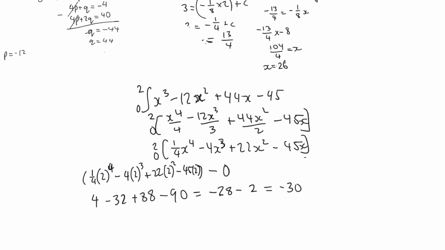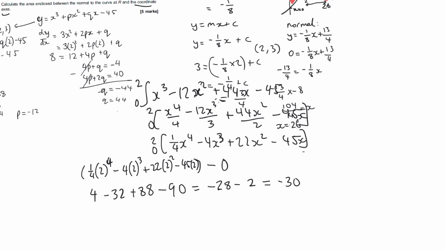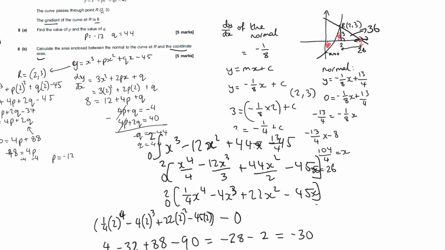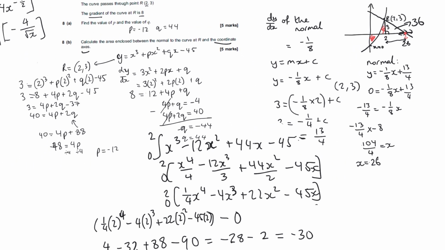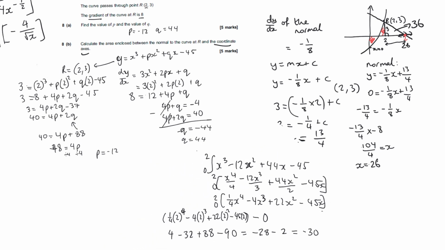So again, the only reason why we have a negative answer is purely because some of the area is underneath the x-axis, which I briefly explained before, but the total area is 30. So then it would be the 30 plus the 36 from the area of the triangle. So total area enclosed would be 66.